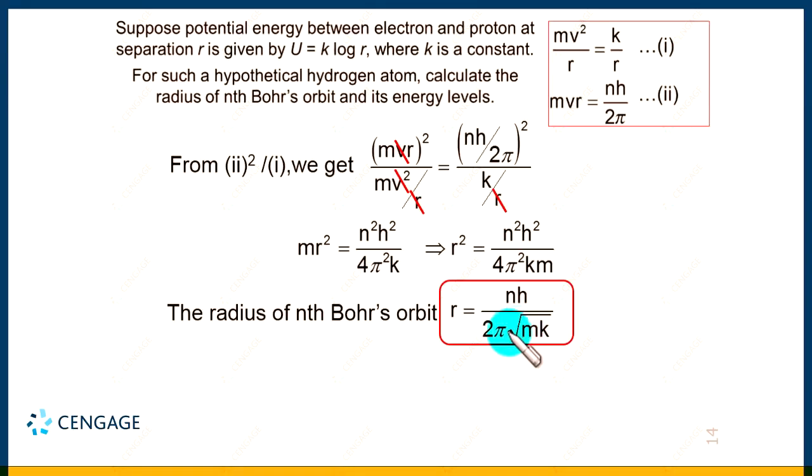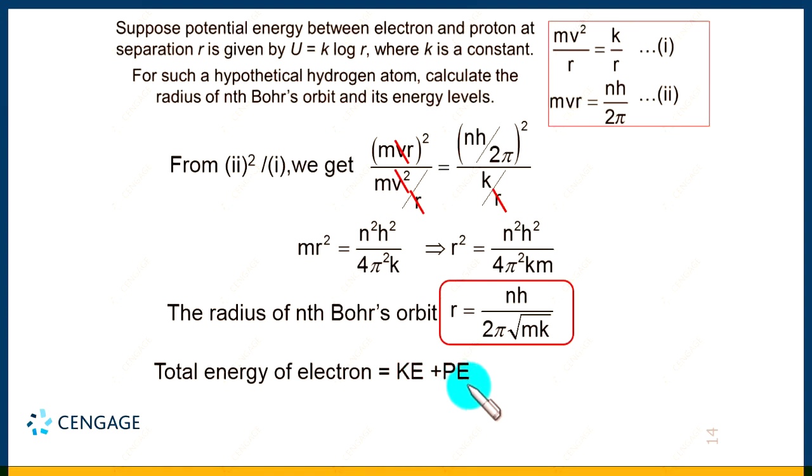Now let us find the kinetic energy. We know before calculating the kinetic energy, we can calculate total energy. We can write the total energy term. We know total energy is equal to summation of the kinetic energy and potential energy, right? So let us write kinetic energy and potential energy.